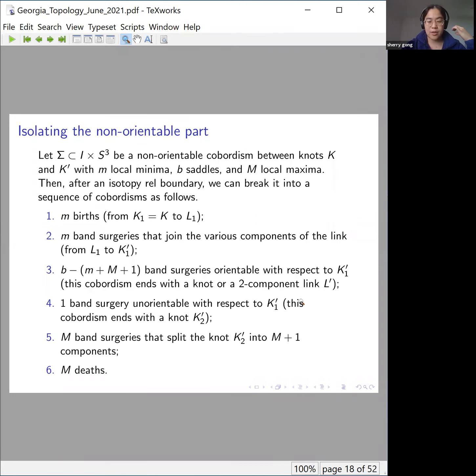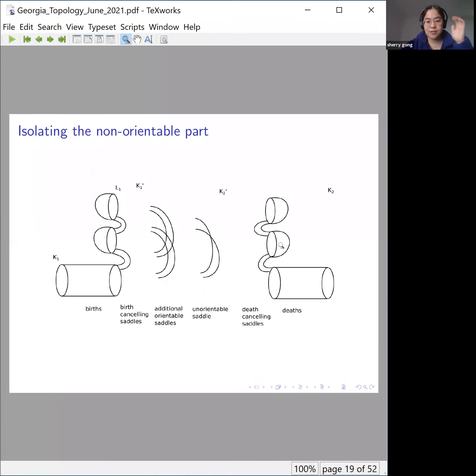So for a cobordism between two knots that has little m local minima, b saddles, and capital M local maxima, we can do it in stages where first you do the little m local minima, then you do a bunch of saddles, and then in the end you have the capital M local maxima. This is a picture of what we're doing. First you have these little m births, and then you have these birth canceling saddles that cancel the birth so that you end up with a knot again.